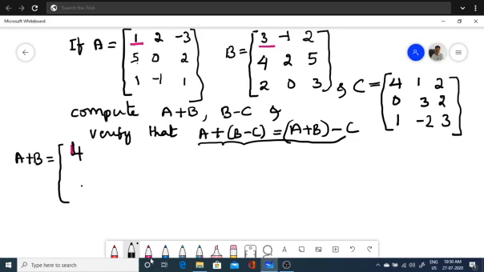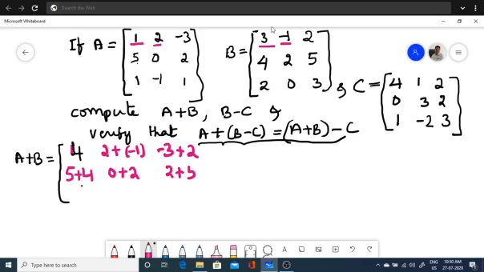Then adding the corresponding elements, 2 plus minus 1, then -3 plus 2, and 5 plus 4, and 0 plus 2, and 2 plus 5. Then 1 plus 2, minus 1 plus 0, and 1 plus 3. So adding the corresponding elements of A and B.